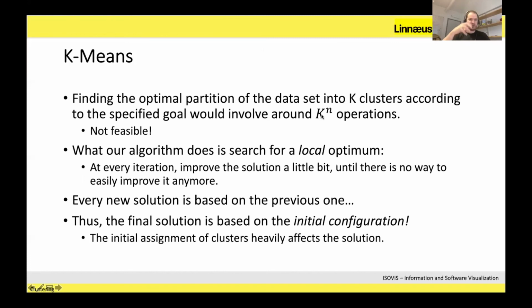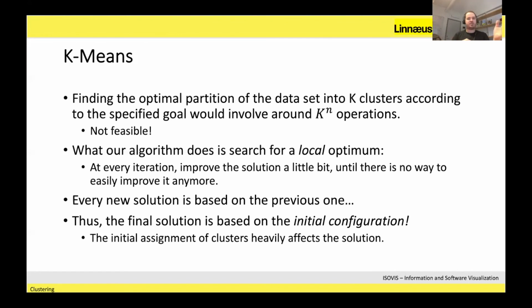I would have to search the entire solution space of every possible clustering, which is absolutely unfeasible for anything beyond a couple of points, where n is like 10 or 20, and probably not even that. So it's not feasible, and that's why we went through the algorithm that I explained, which is one optimization procedure.